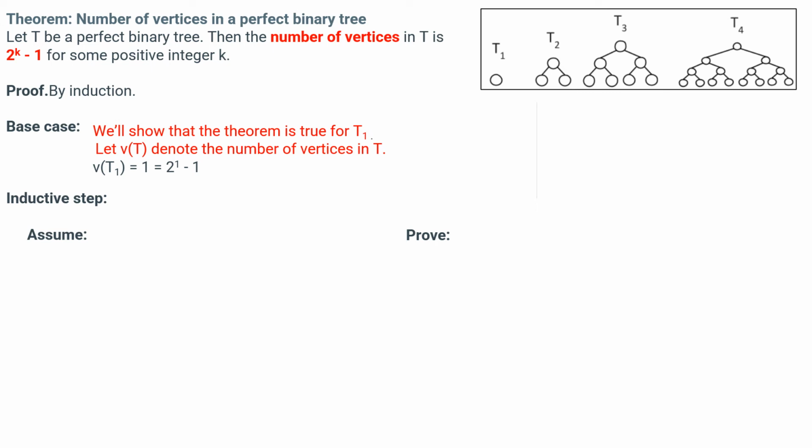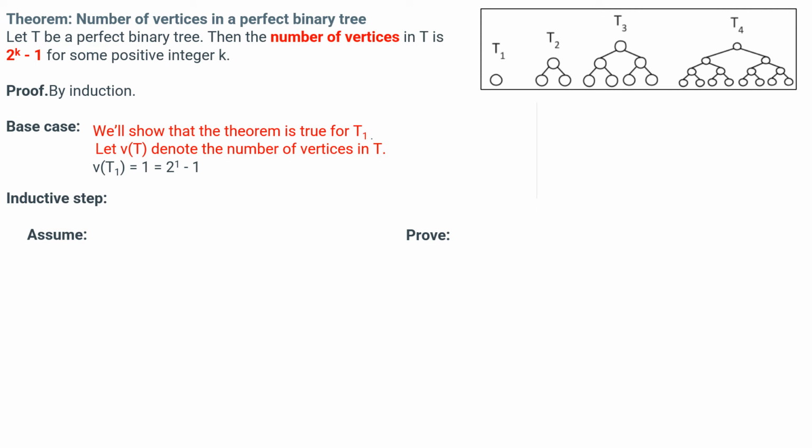Let's let V of T denote the number of vertices in any tree T. Okay, so if I have some tree inside this function V, that denotes the number of vertices. So let's look at the number of vertices in T1. Well, we look at T1 and we just count, and there's just one. So V of T1 is equal to 1.